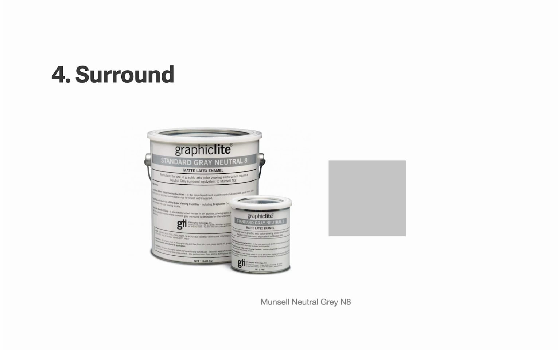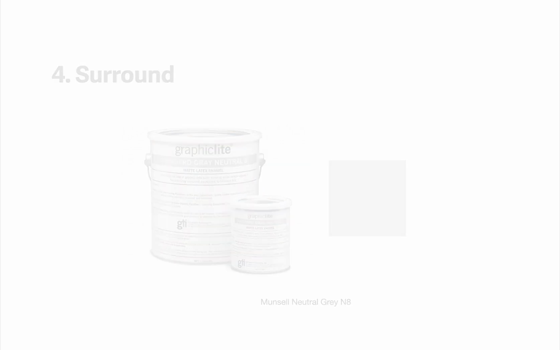For prints, it is advisable to use a neutral matte surround with a luminous reflectance ranging from 10 to 60%, comparable to the Munsell N8 gray. This neutral background helps provide an unbiased context for evaluating the colors in the print, ensuring that the surrounding environment does not influence color perception.